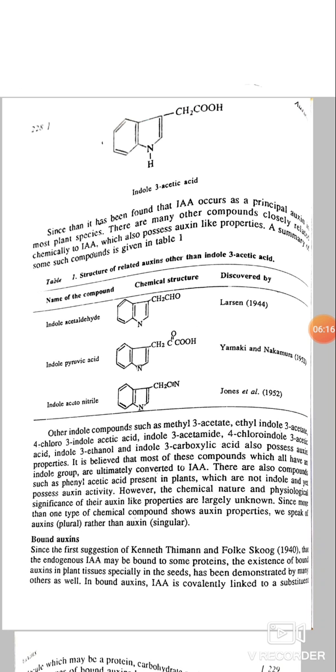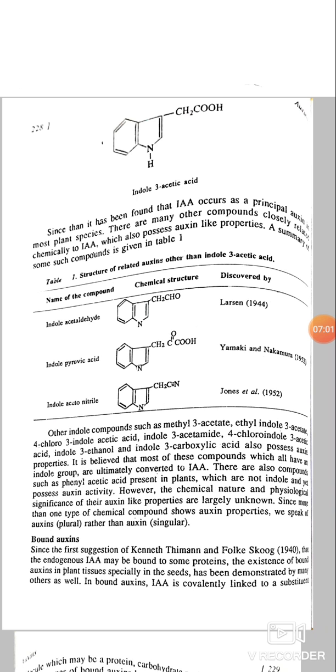There are also compounds such as phenyl acetic acid present in plants which are not indoles and yet possess auxin activity. However, the chemical nature and physiological significance of their auxin-like properties are largely unknown. Since more than one type of chemical compound shows auxin properties, we speak of auxins rather than auxin.